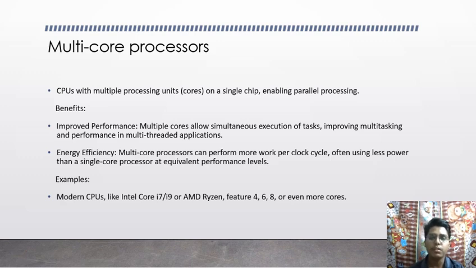Energy efficiency: multi-core processors can perform more work per clock cycle, often using less power than a single-core processor at equivalent performance levels. Examples: modern central processing units like Intel Core i7 or i9 or AMD Ryzen, with four, six, eight or even more cores.